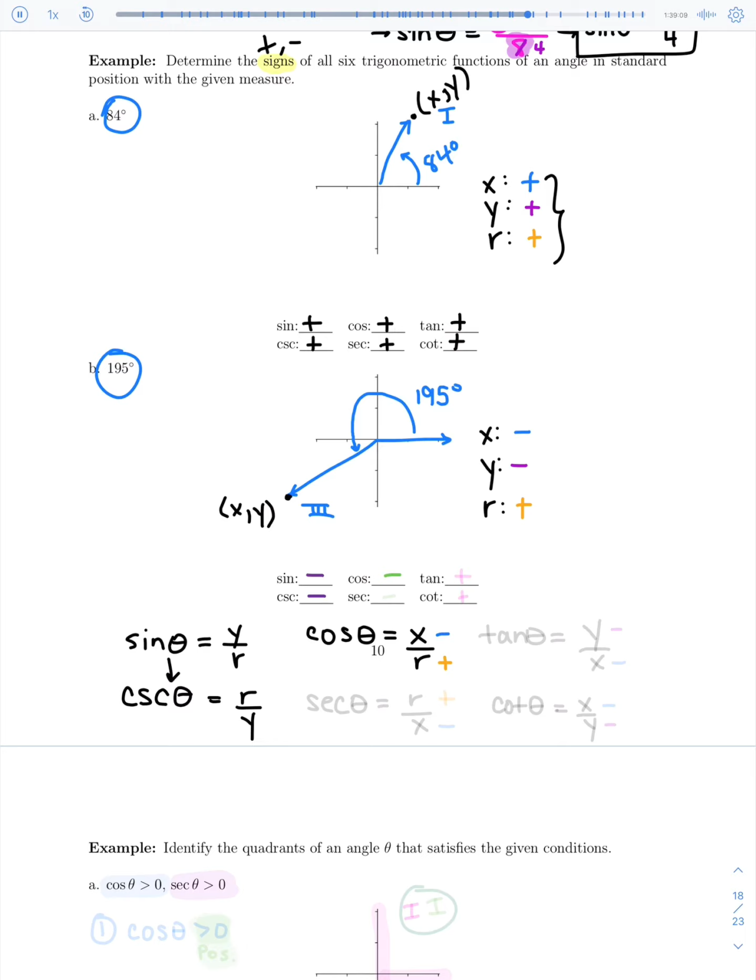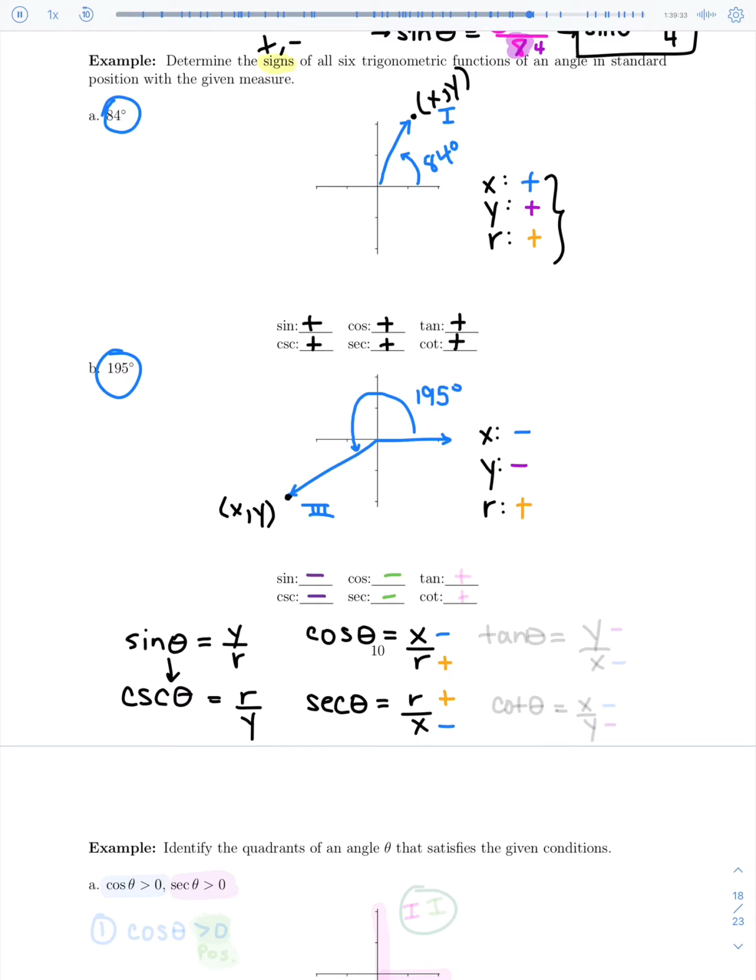So now we can talk about secant, which is its reciprocal, and we just said that it would mean that you're going to flip it upside down, which would be an r over an x then. You'd still have a positive divided by a negative, which means you're still going to have a negative value. It makes sense. If you flip a negative number upside down, it's still negative.